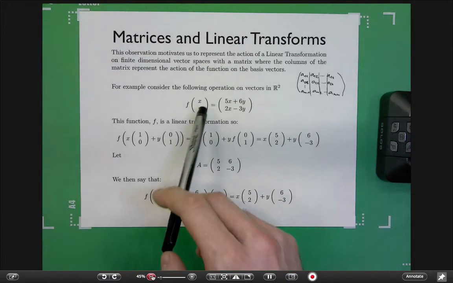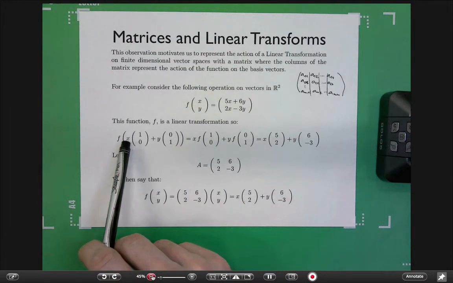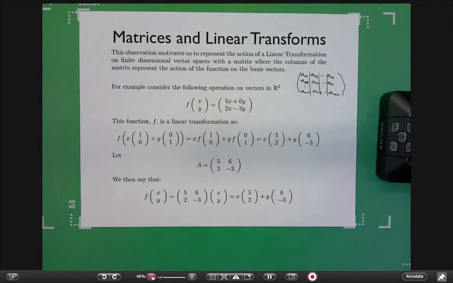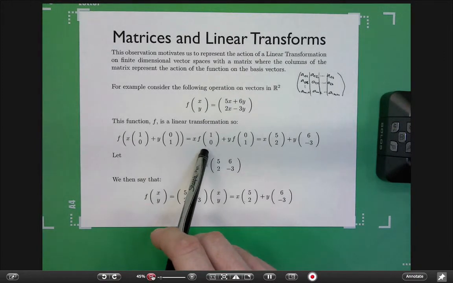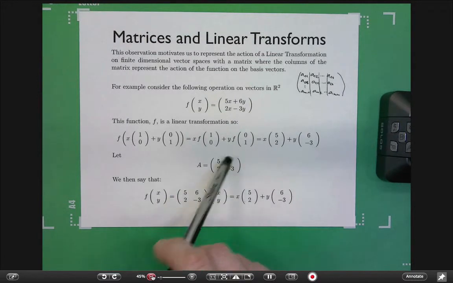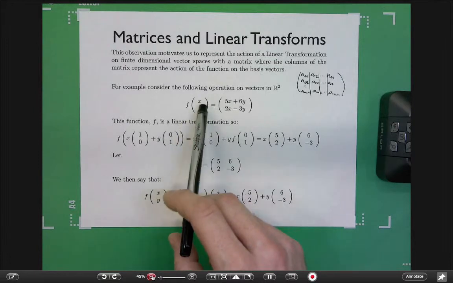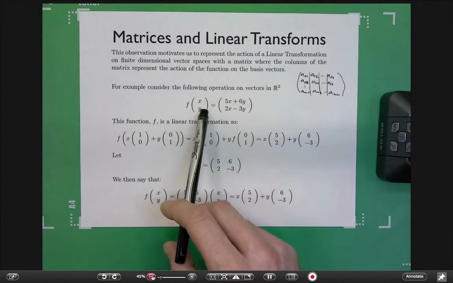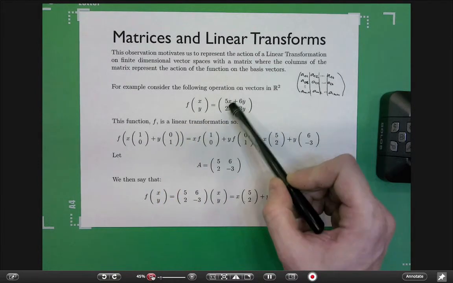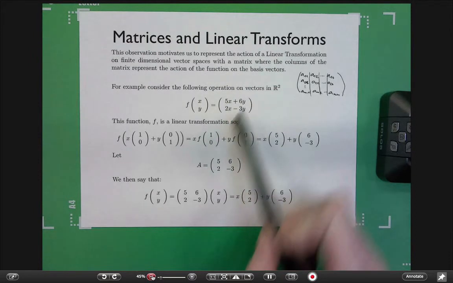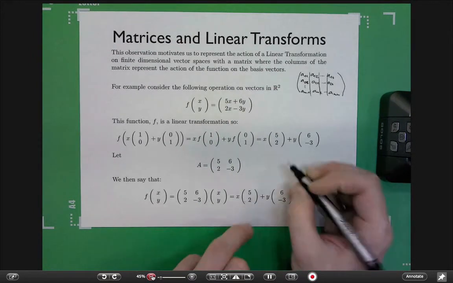So this vector x and y has coordinates x and y with respect to the standard basis. All I need to look for is where the vectors e1 and e2 map by f, right? So let's see where e1 maps to. That means x is 1 and y is 0. So that maps to 5 and 2, right? X is 1, y is 0. So I get this.